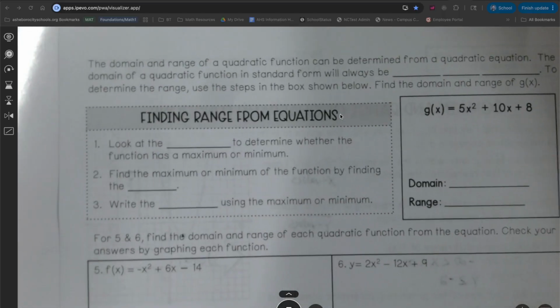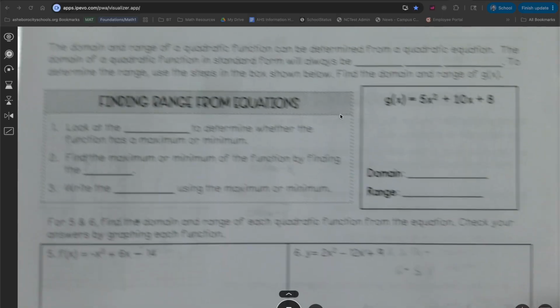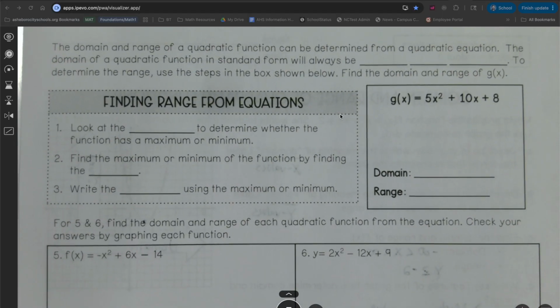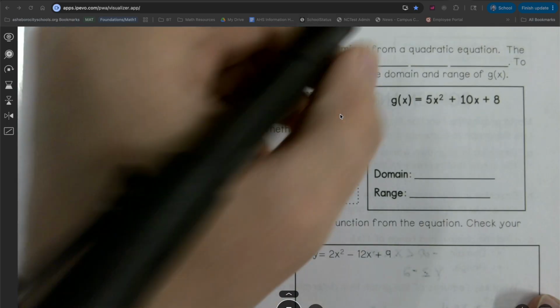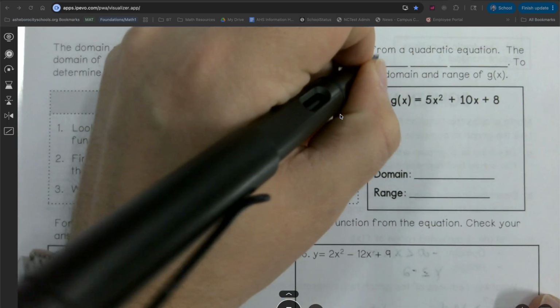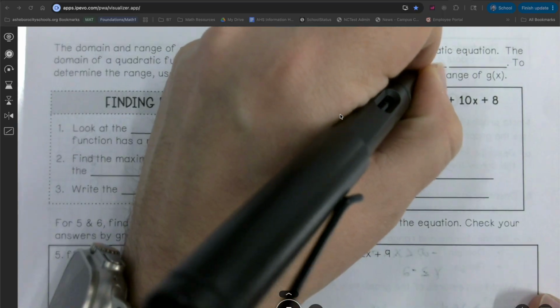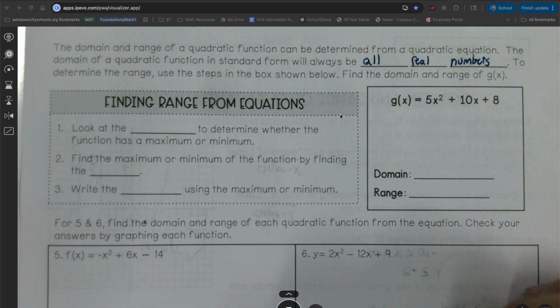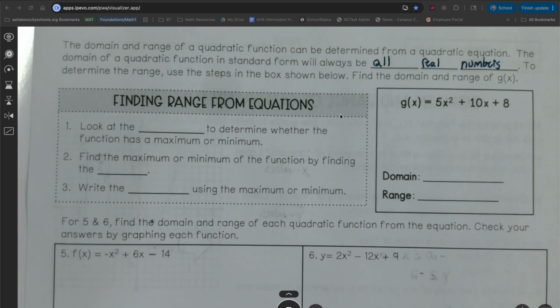Now, kind of what I was just saying, the domain and range of a quadratic function can be determined from a quadratic equation. The domain of a quadratic function in standard form will always be all real numbers. To determine the range, we have to use some different steps though.